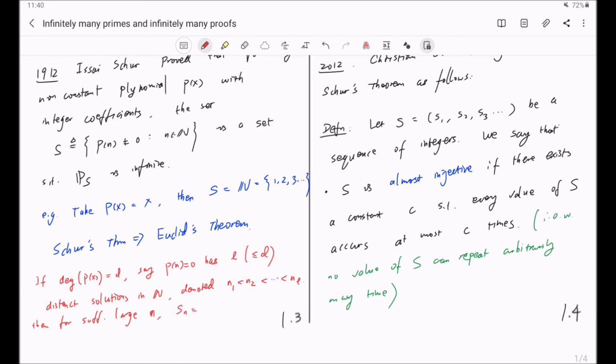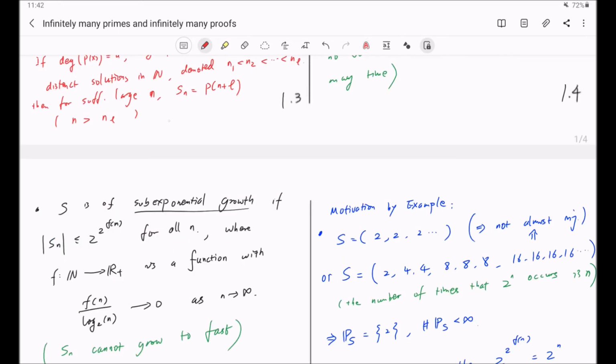S of n will be equal to p of n plus L. If you want to make this more specific, I think this happens when n is bigger than n sub L. So now you know that S of n will be the value of polynomial p at the integer n plus L for any n greater than n sub L.